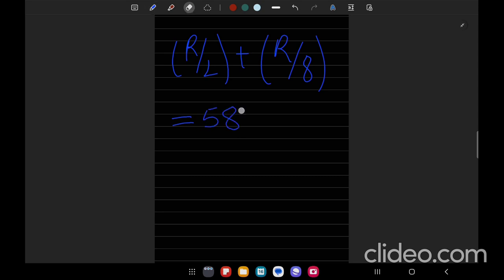That is r by 2 plus r by 8. If you simplify, it comes to 5r by 8 as your answer.